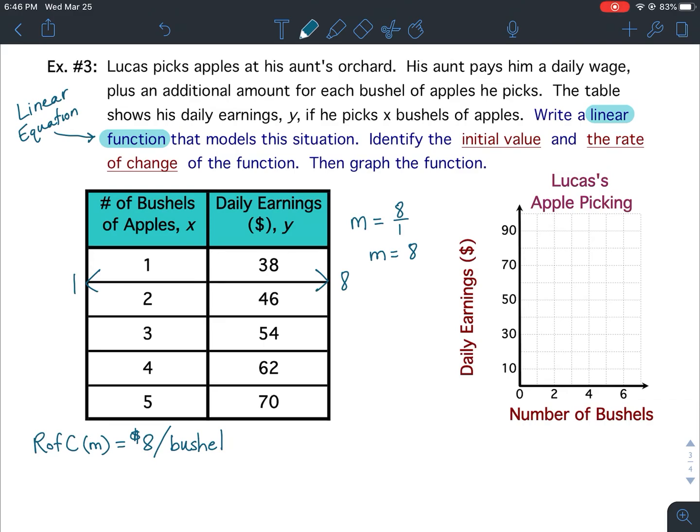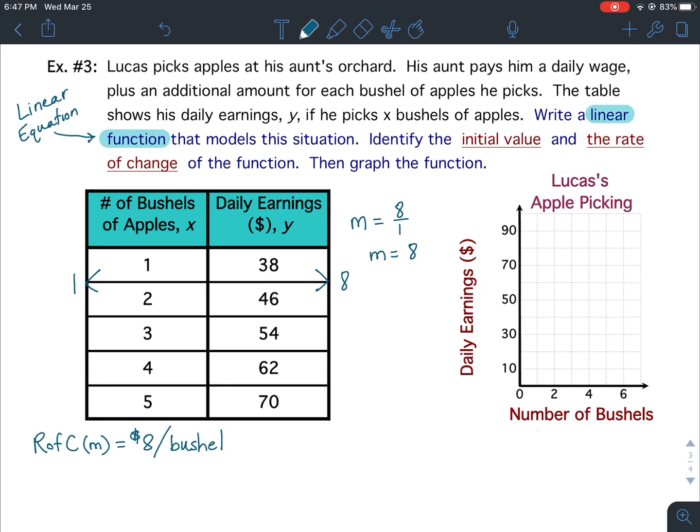Well, now we need to find the initial value. And there's 2 ways to do this. Remember, the initial value, your y-intercept, is the value of y when x is 0. The value of y when x is 0. But unfortunately, I don't have a 0 in this x column. So one way to do it is what we did a long time ago, and we used point-slope form.